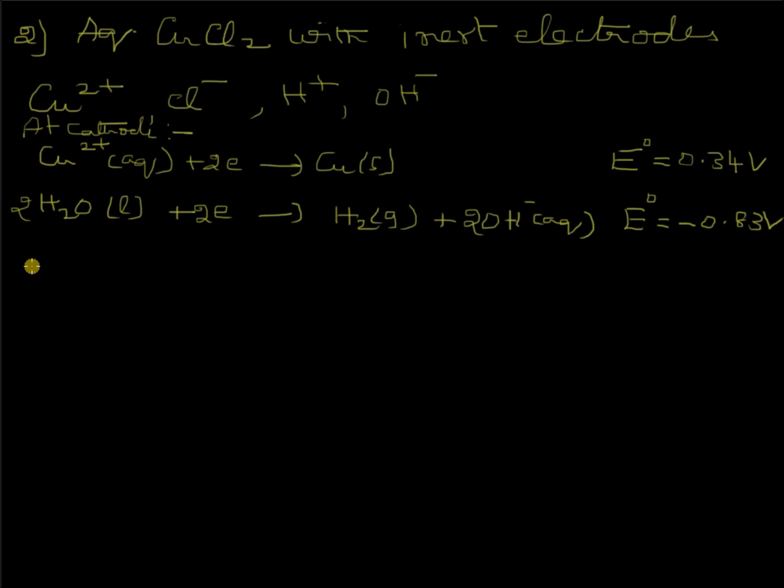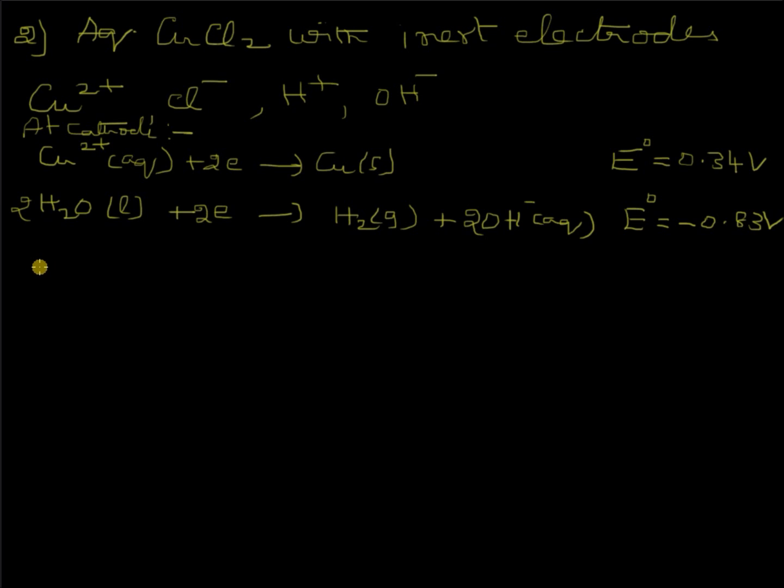The rule that applies here is the one which has higher reduction electrode potential will get reduced. So obviously it is copper which will be discharged. So copper succeeds in getting discharged at the cathode.